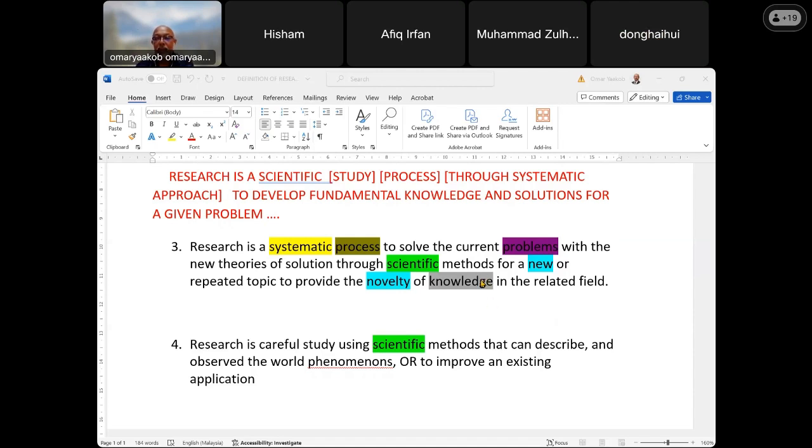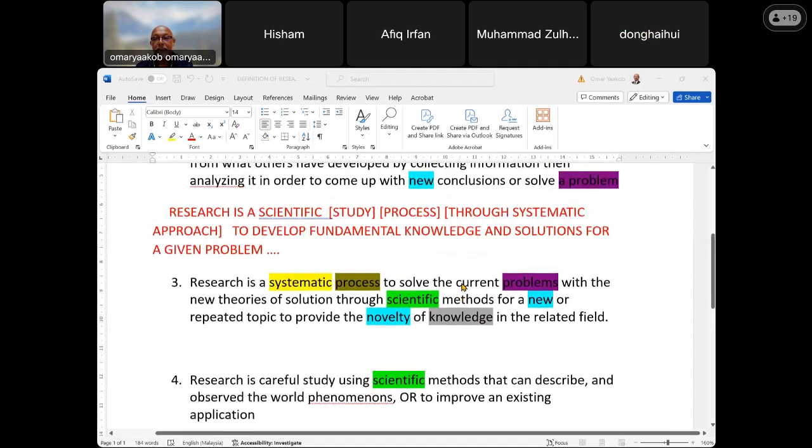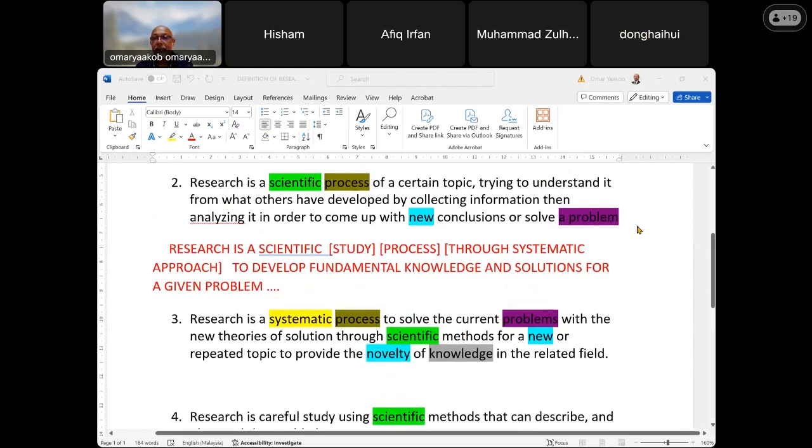We conduct research from our research question, so to solve the question, we can have a solution from the conclusion as well. So I think to find a new conclusion is more suitable.